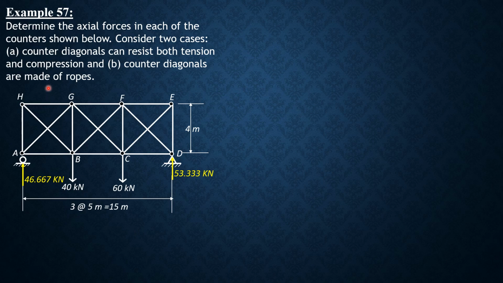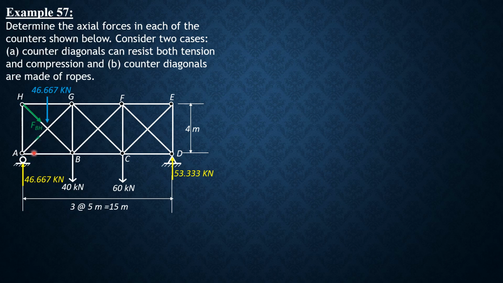So the panel shear in HD should be 46.667 downward. Then in BC, 46.667 minus 40, so it should also be downward 6.667. And these are the expected forces. The force in BH should be down, the vertical component should be downward because the panel shear is downward.